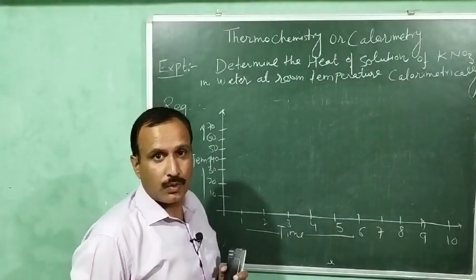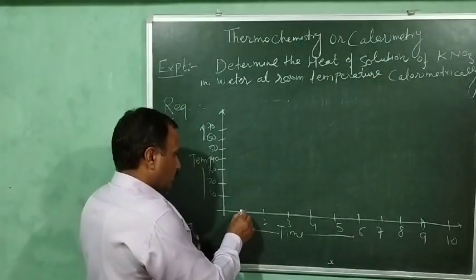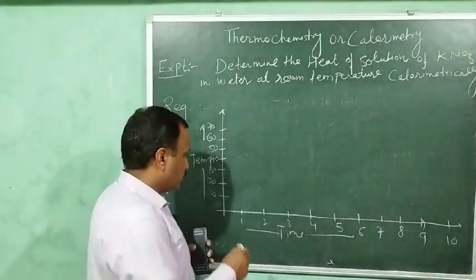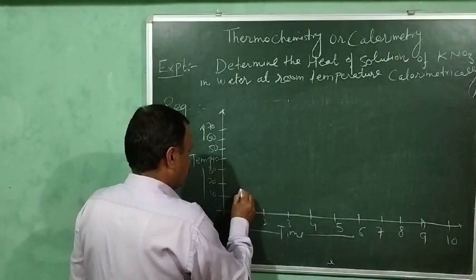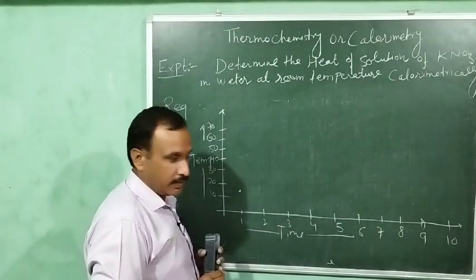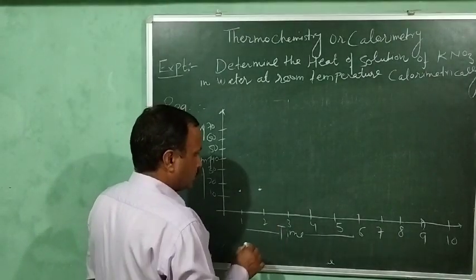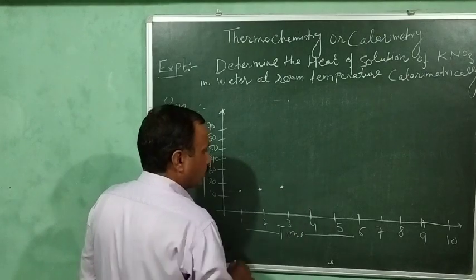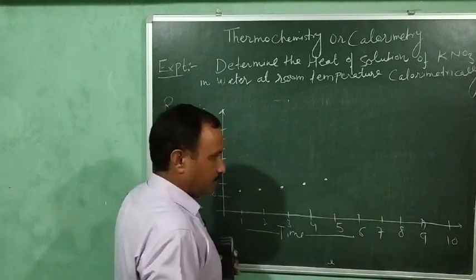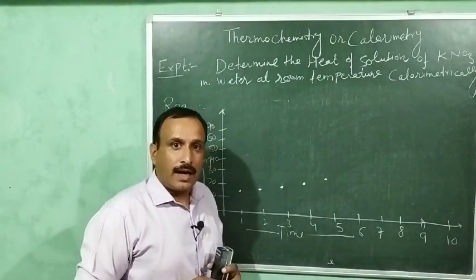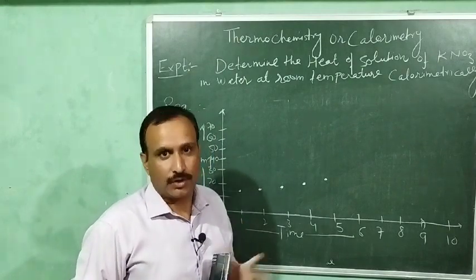Okay, so now let us suppose that after 1 minute the temperature of the cold water is this, so we will have a point here, and after 2 minutes the temperature of the cold water is this. Likewise, this is the temperature after 3 minutes, then 4 minutes, and this is the temperature after 5 minutes. Okay, and then the temperature of the solution will be plotted here.